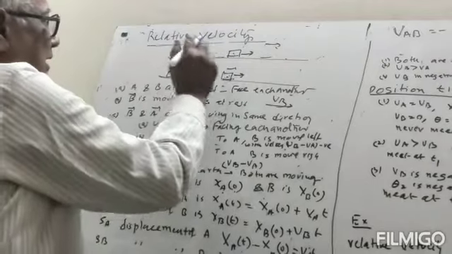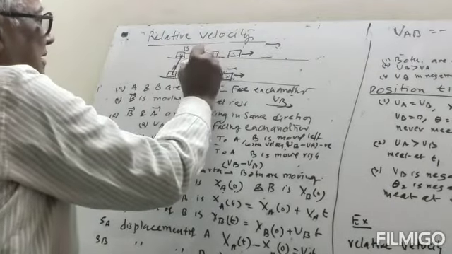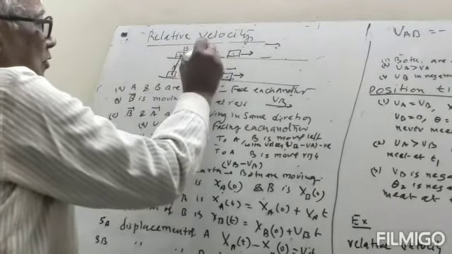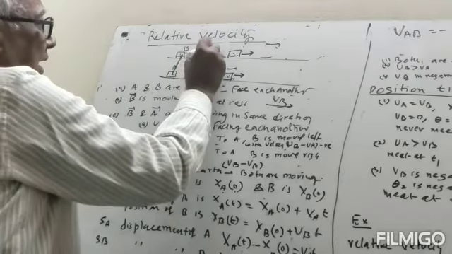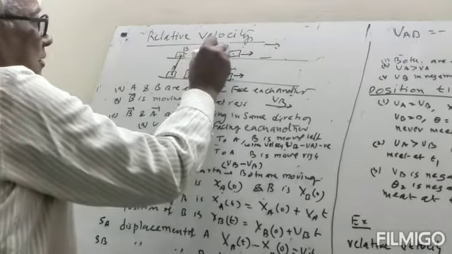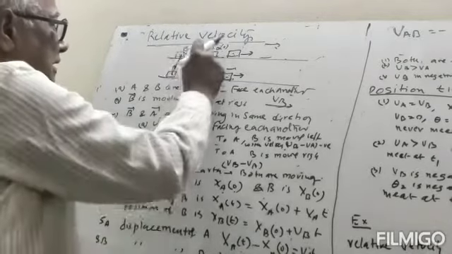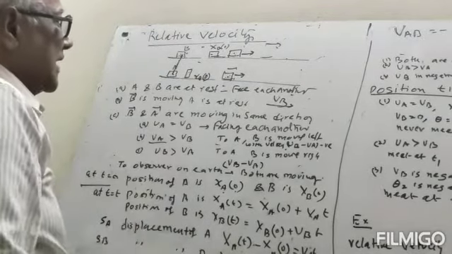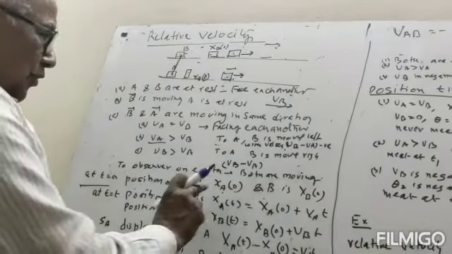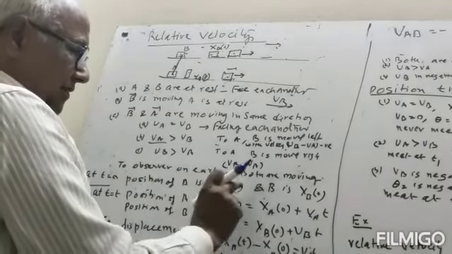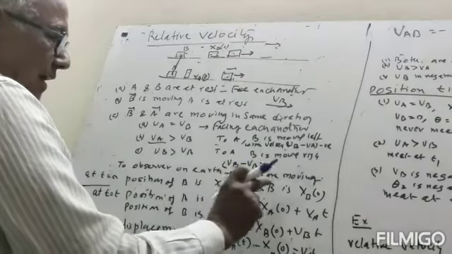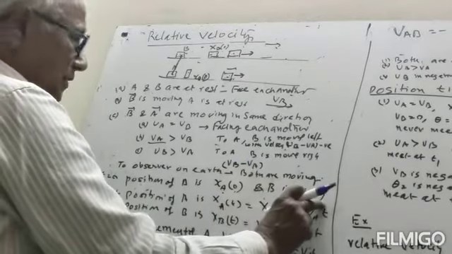For B, suppose it starts here, then its position will be xb0. So at the initial time, t equal to 0, the position of A is xa0 and B is xb0.